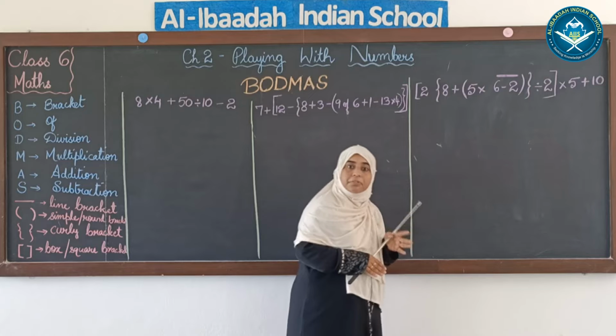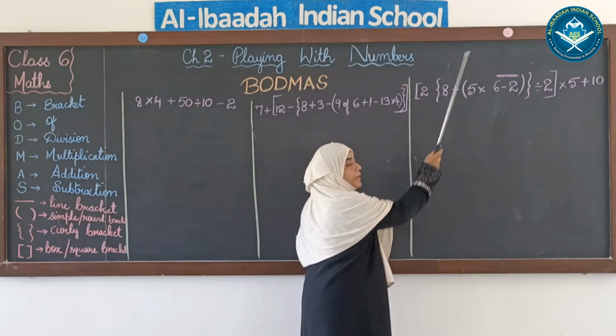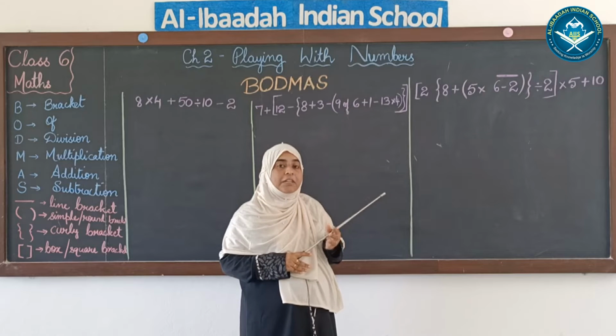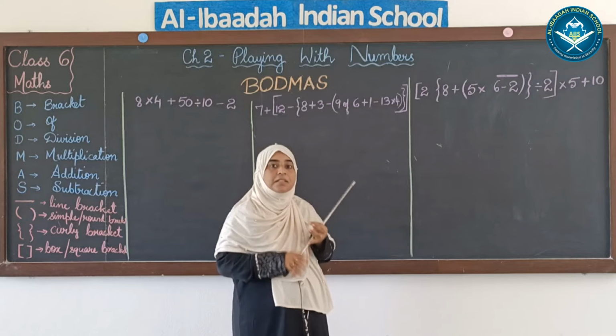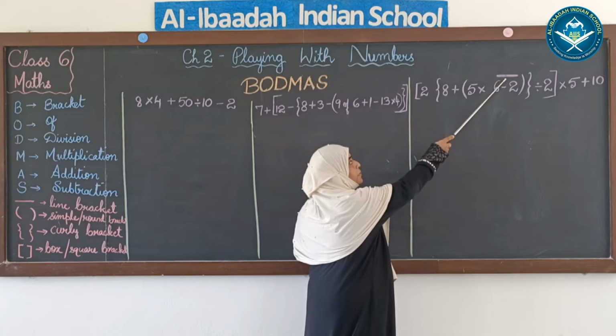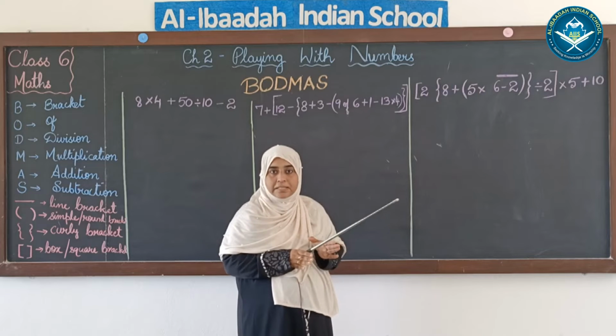So when we solve the brackets, first we have to solve the line bracket. This bracket will be the innermost bracket, the inside one. Wherever you see line bracket, that one you have to solve first.